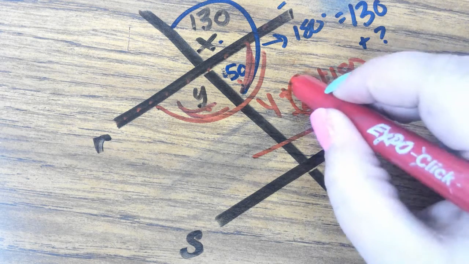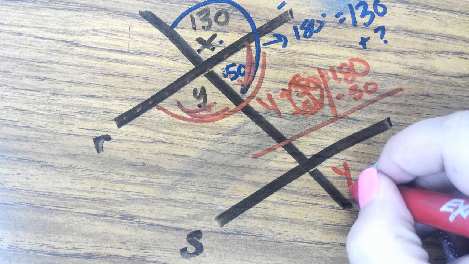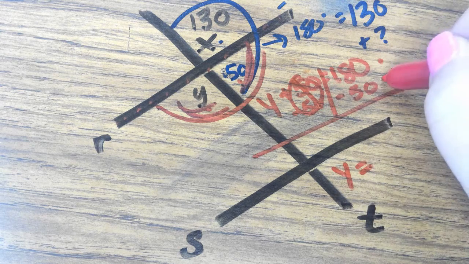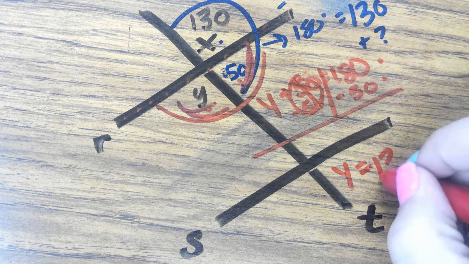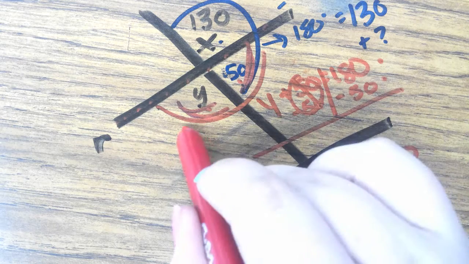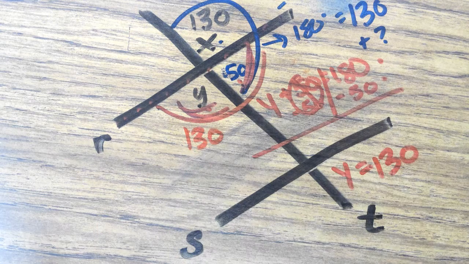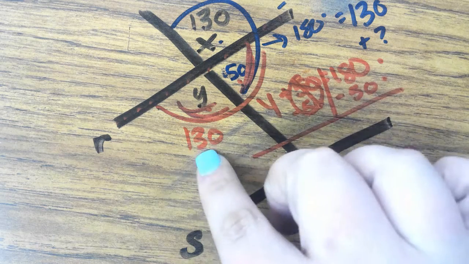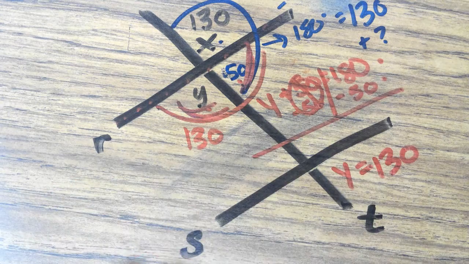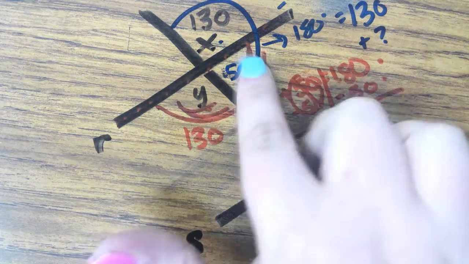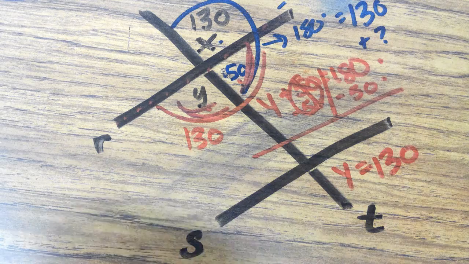The 50s make 0 on the left, leaving us with Y equals 180 minus 50, which is 130. So I've proven to you, without using my cheat sheet of which things are congruent and which are supplementary, that Y is 130 degrees. Granted, that was two steps of math, so it's easier if you memorize your vocabulary like a perfect 8th grader would.